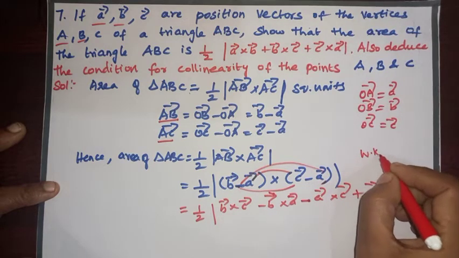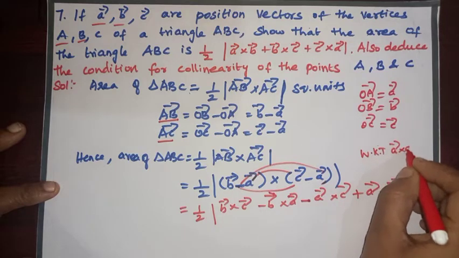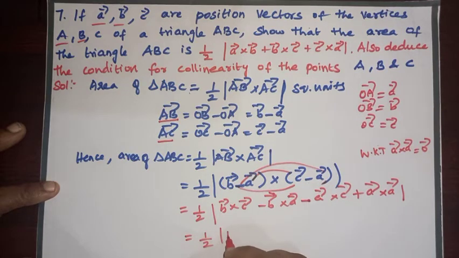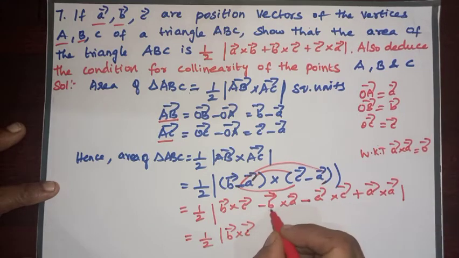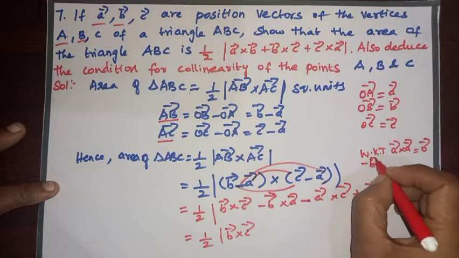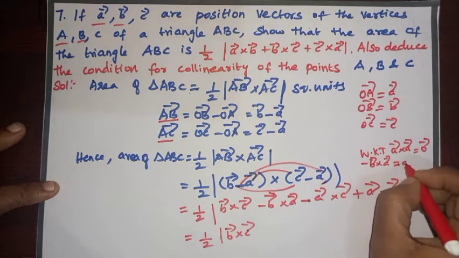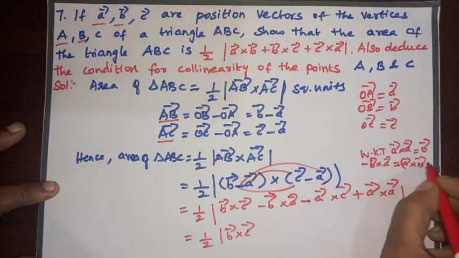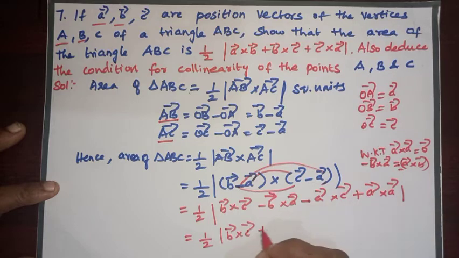We know that vector A cross vector A is the null vector, 0 vector, which is equal to 1 by 2 magnitude of B vector cross C vector, and I am going to write minus B vector cross A vector as A vector cross B vector. So it will become minus of A cross B vector, as minus and minus will become plus A vector cross B vector.